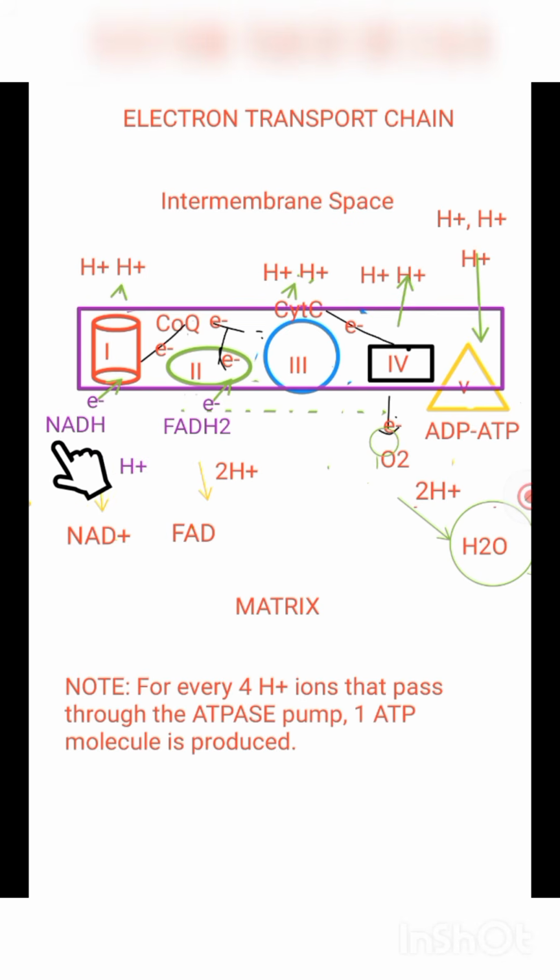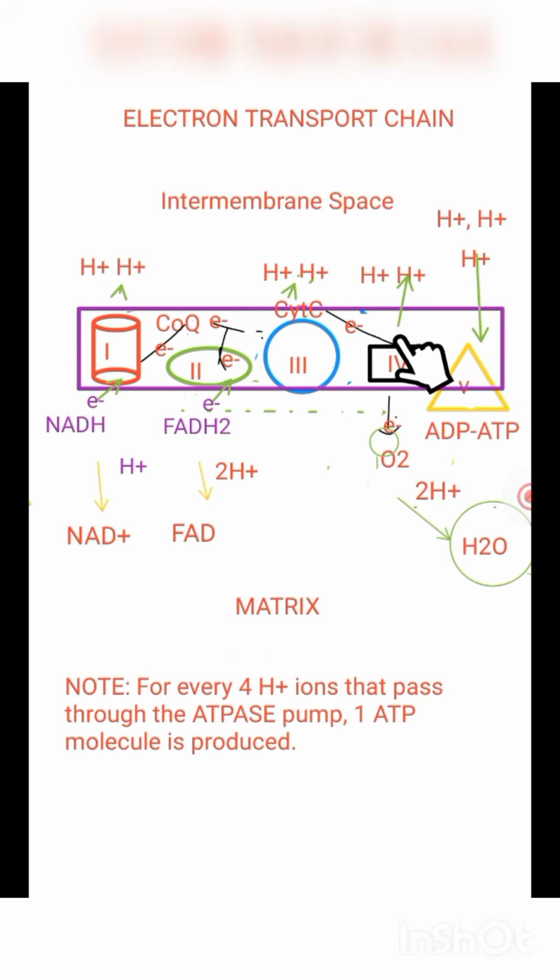So for every mole of NADH and FADH2, this proton pump is able to pump 4 protons into the intermembrane space. This one is able to pump 4 protons into the intermembrane space, and this one is able to pump 2 protons into the intermembrane space.